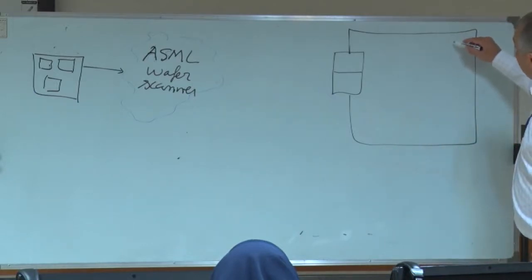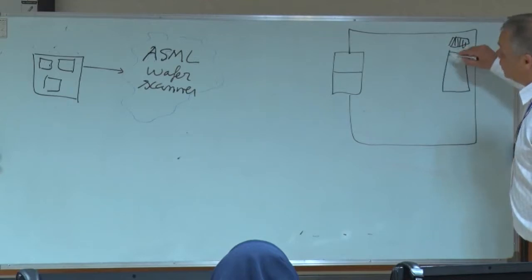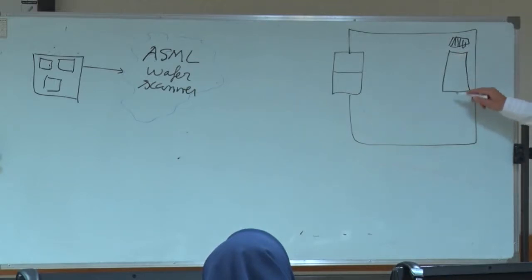Here we have this ultraviolet light source, this extremely expensive lens made by the company Zeiss. Zeiss used to make photo cameras, but now that everybody has an iPhone, the whole market for camera lenses collapses, and this is one of their main markets now. So this is a big lens.